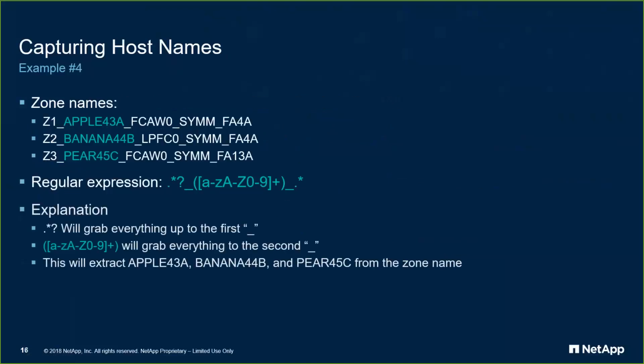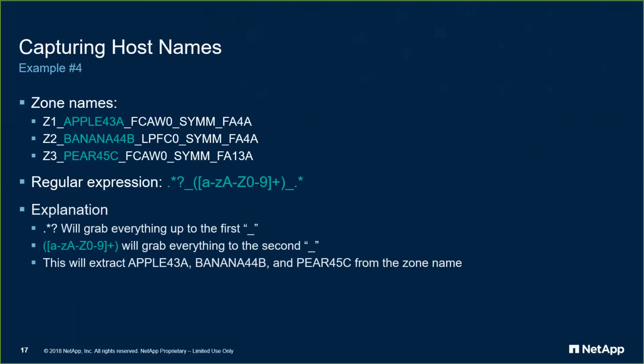Okay, and then zone names here. In this case, we've got 3 separate zones. You'll see they're all following a similar naming convention, but they're a little bit different. So what we're going to do is start with a period asterisk to match any character any number of times, followed by a question mark to stop matching at the first underscore rather than at the last. The underscore matches the first underscore in the zone name, so that's leading up to the apple, banana, and pear.